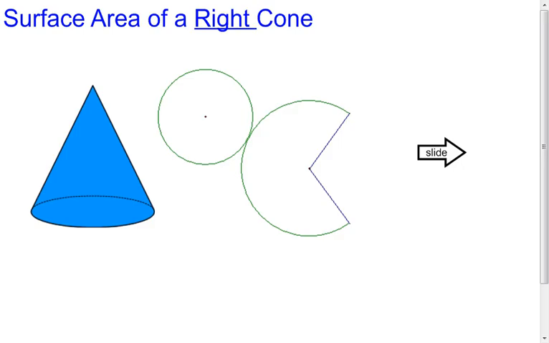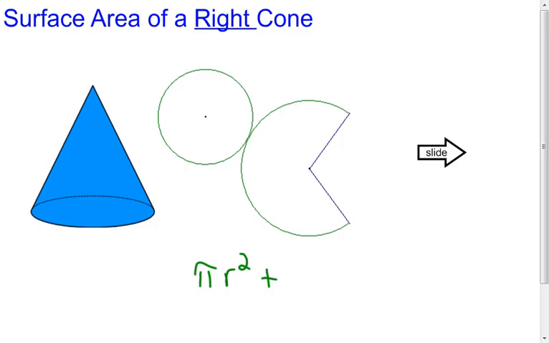To find the area of it, it's not going to be too hard to figure out the area of the circle part. That's going to be pi r squared. But then we have to add on the cone part, and that's the tricky part. You can look at it as a sector, and we do know how to find the area of a sector.